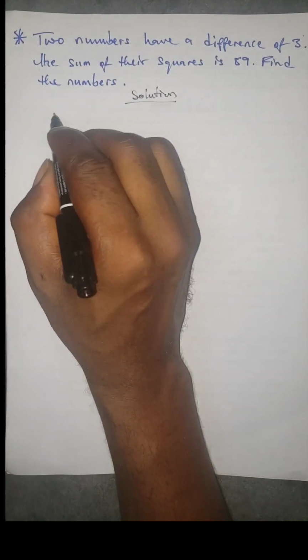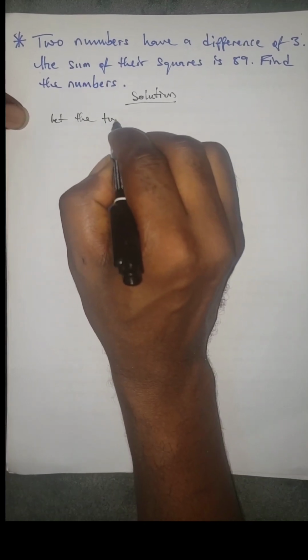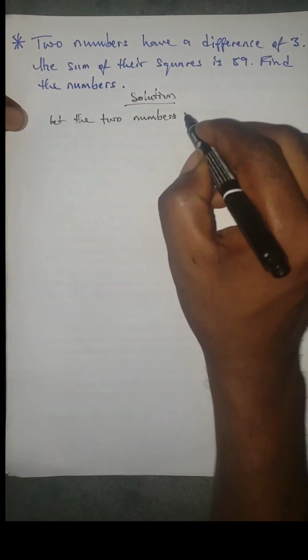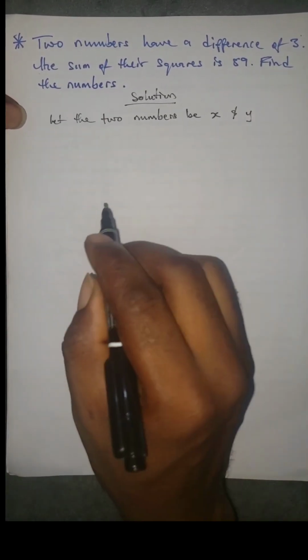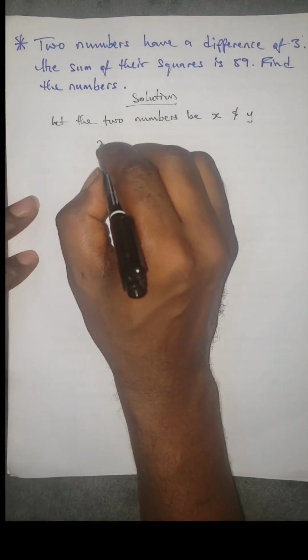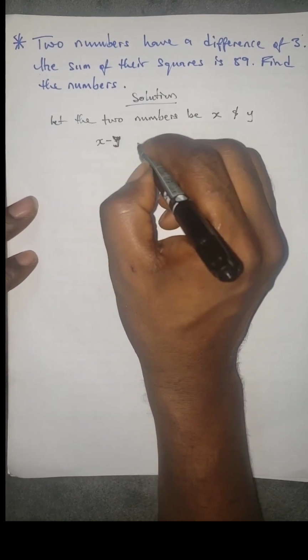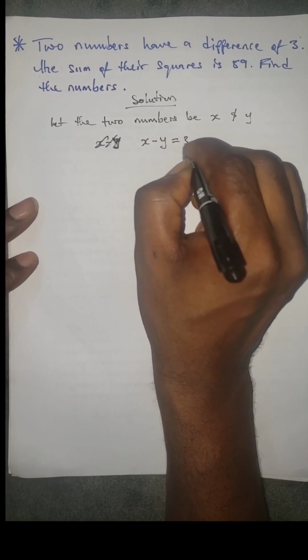Two numbers. So let the two numbers be x and y. Okay, so the difference of these two numbers is 3. So x minus y equal to 3.